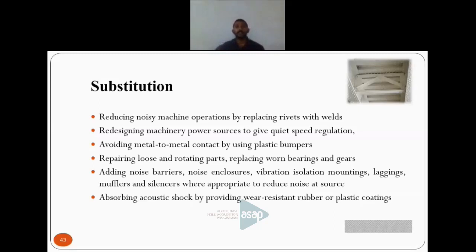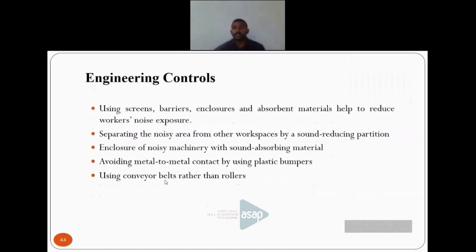Next is the engineering control. In engineering control, we use screens, barrier enclosures or absorbent materials as a controlling measure to prevent the noise. Next, separating the noise: in an area where noise is already being produced, the people near it should not face problems, so we make absorbents or barriers to prevent that noise.